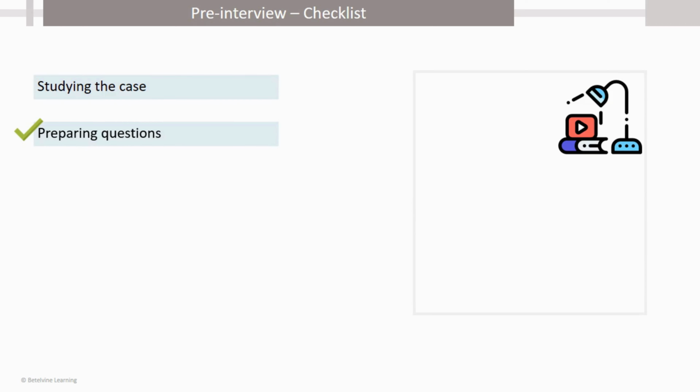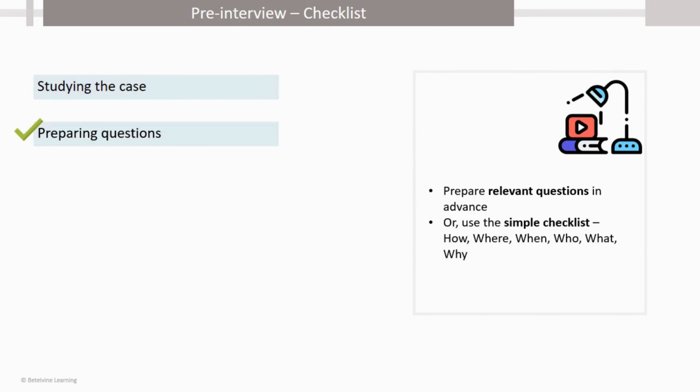Understand the elements of human rights violation under investigation so that relevant questions or a checklist could be prepared in advance. If detailed questions are not prepared in advance, use the simple checklist of how, where, when, who, what, why. Do not rely on your memory to conduct the interview.